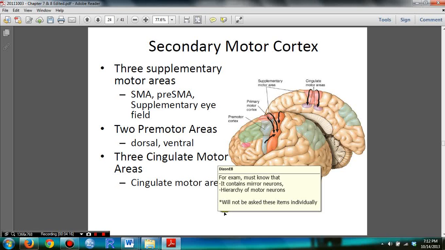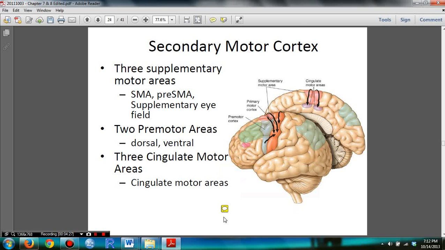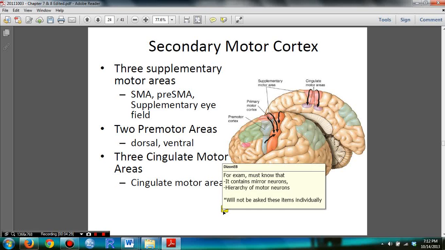For an exam, you must know that it contains mirror neurons, and you need to know the hierarchy of motor neurons, and you will not be asked to identify these parts individually.